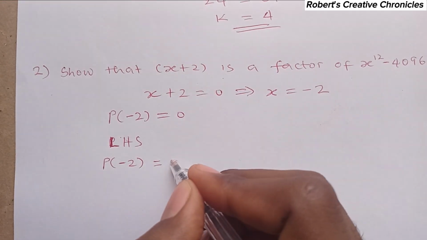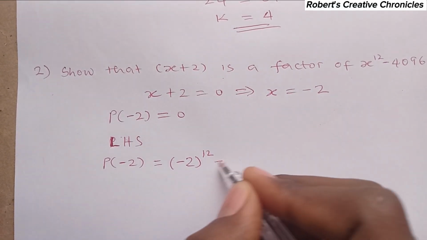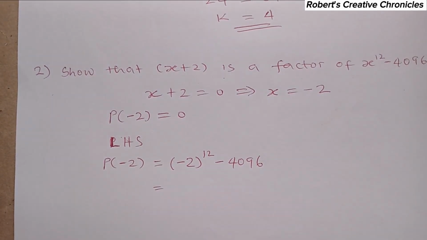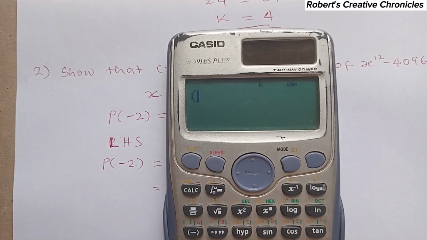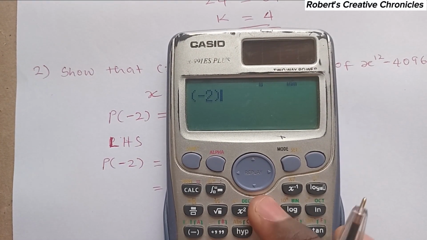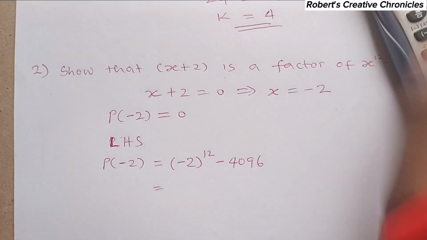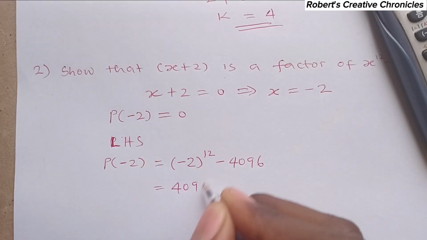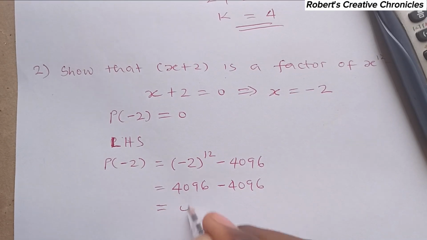Use the polynomial to become negative 2 raised to the power of 12 minus 4096. Negative 2 raised to the power of 12 is 4096. 4096 minus 4096. So this is 0.